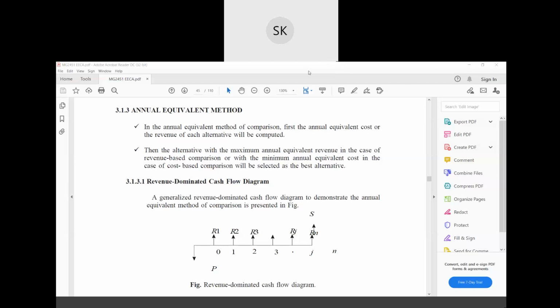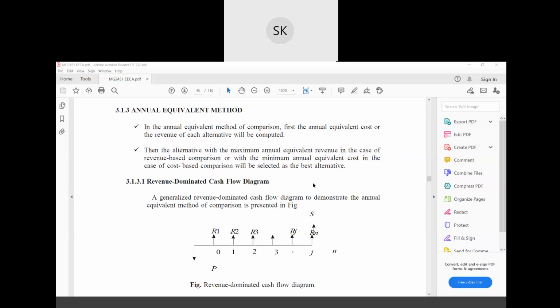Okay. So now we'll move to the third method, which is the annual equivalent method. In the annual equivalent method of comparison, first the annual equivalent cost or the revenue of each alternative will be computed. First, you will compute the annual equivalent cost or revenue.